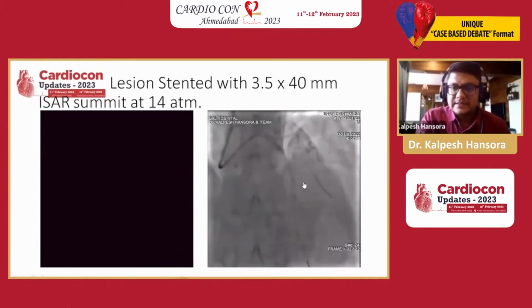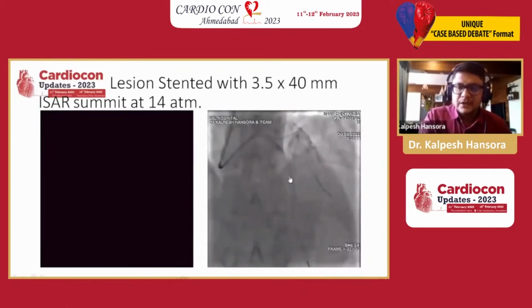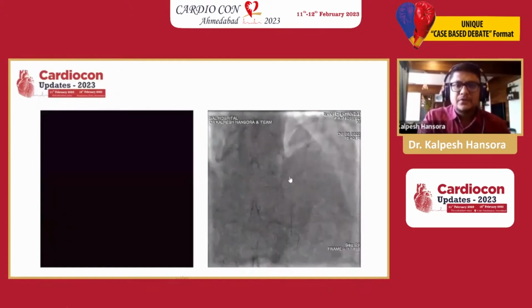But we noticed that the stent had not expanded at the tight mid LAD part. So again, we decided to post dilate with the same OPN balloon which was available, which had been used for the pre-dilatation.